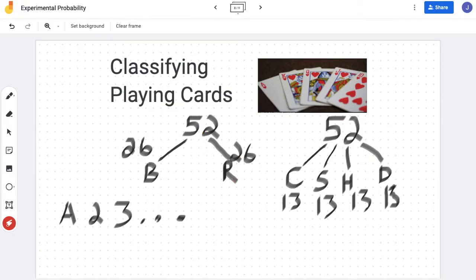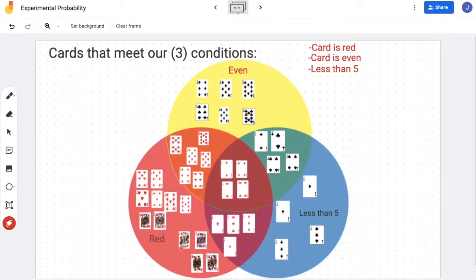So take my 52 total cards, I can divide it red. All my red cards are going to be there, so I have 26 in the red circle all together. Some of them are shared with the evens, and they're going to be up there. And all my even cards are in that yellow circle. And then in the last circle I have the cards less than 5, so all the cards, including black cards, less than 5.